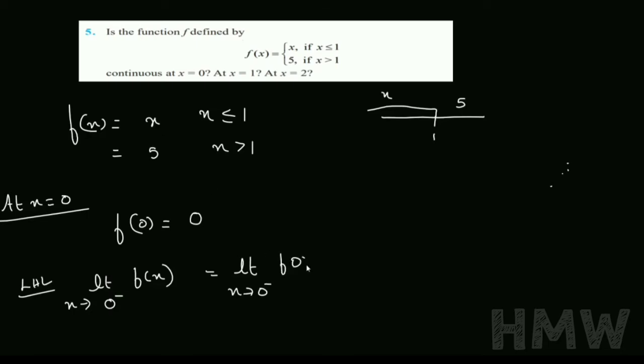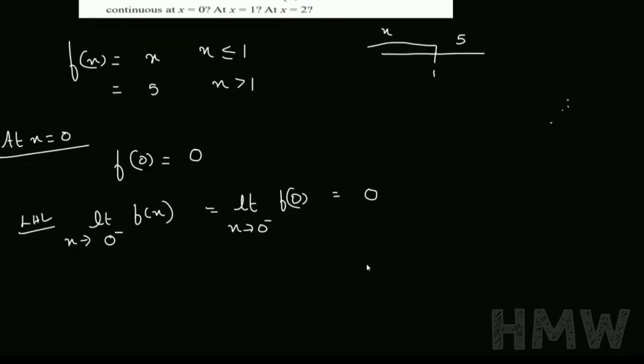So f of 0 is 0 itself, because it's very clear the function is given less than 1, it is identity. So 0 is less than 1. Identity means you write the same number. F of x is equal to x. F of 1 means you write 1. F of 0 means you write 0. So that is the left hand limit.